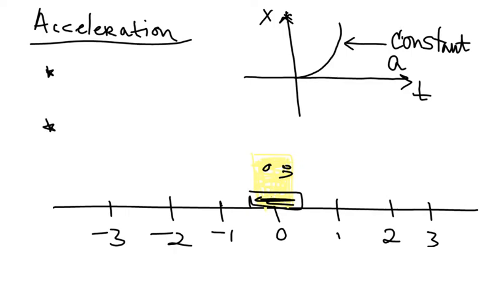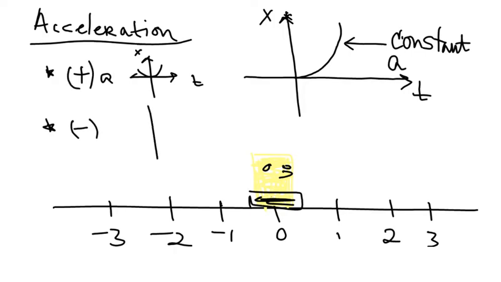Overall, if you have positive acceleration, and this is just a cheap trick to remember this, your parabola is going to look like a happy face. If you have negative acceleration, your parabola of position time, doesn't matter where the person starts out, is going to look like a sad face.